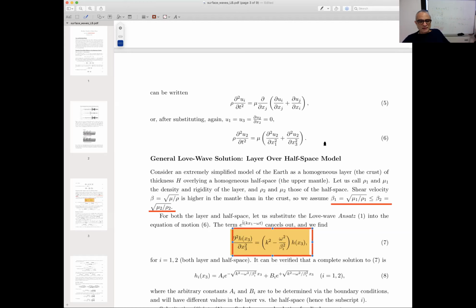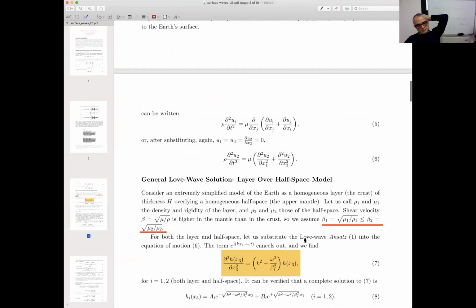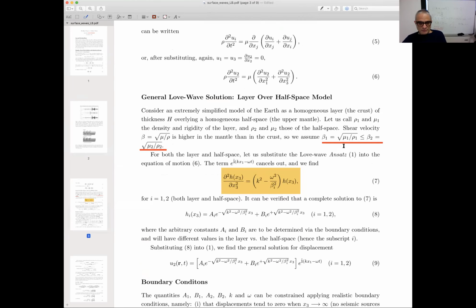The math and the physics are the same. So the strategy is to find a solution to this equation, and then to see that by choosing some appropriate values for its parameters, it actually satisfies the boundary conditions. Okay, so there we go.